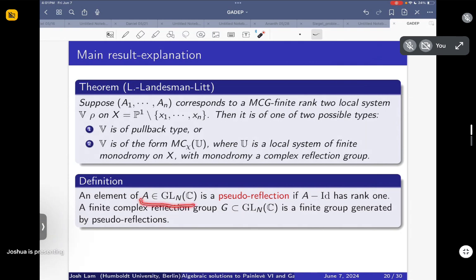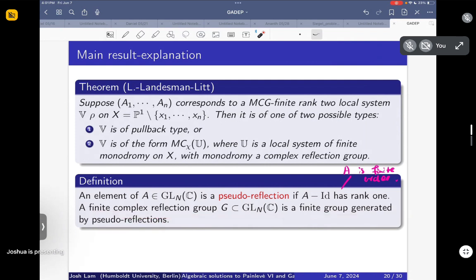If you have any element inside GL_n, we call it a pseudo-reflection if all but one of the eigenvalues are 1 and it has finite order. So basically all the eigenvalues are 1 except the last one, which is a root of unity. A finite group is called a complex reflection group if it's generated by these pseudo-reflections.